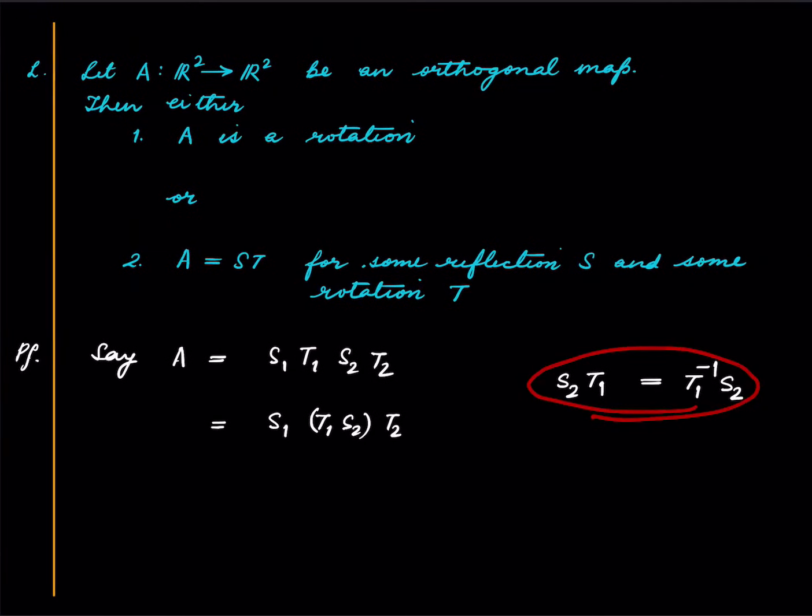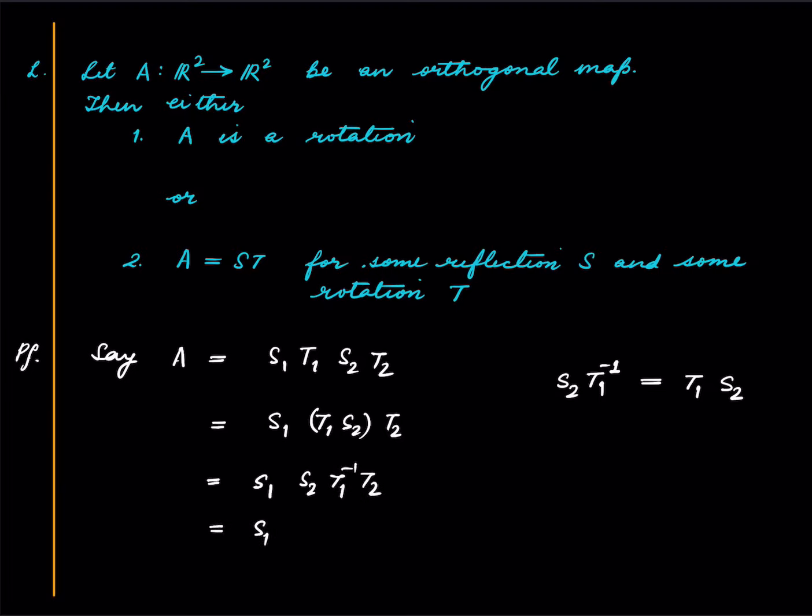Using that, we get this is equal to S1. Actually, what I want to do is this. There's nothing wrong with what I wrote, but this is the thing that I want to use. It's the exact same principle. So we have that, and let me just use that to write the above thing as this.